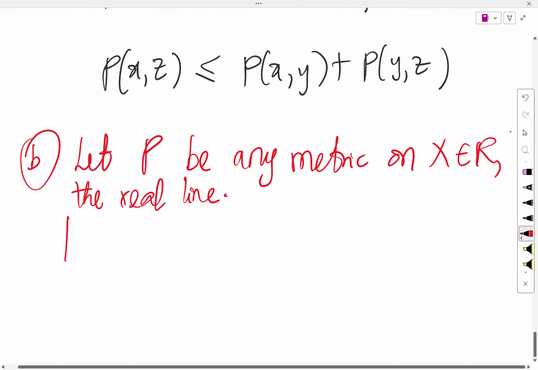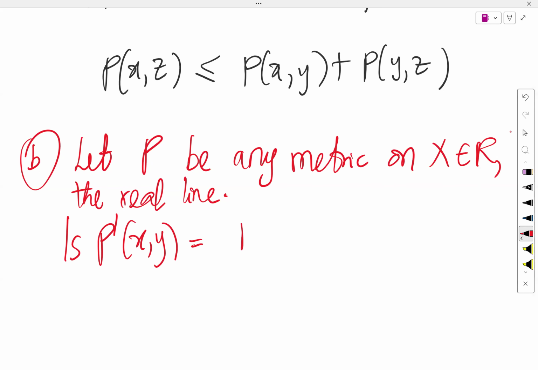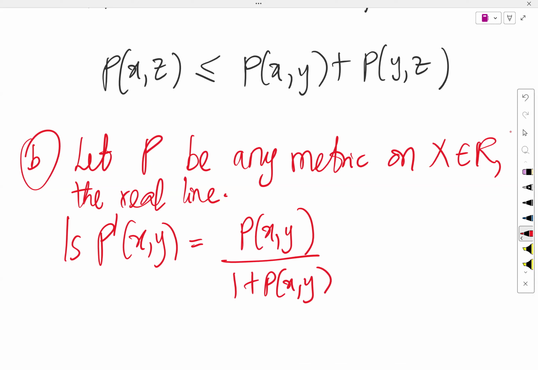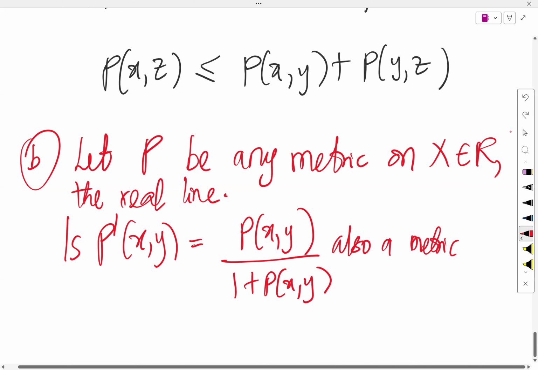Okay. So the question is P prime of X comma Y, which is P of X comma Y all over 1 plus P of X comma Y. Is this also a metric on X, I mean the same X?